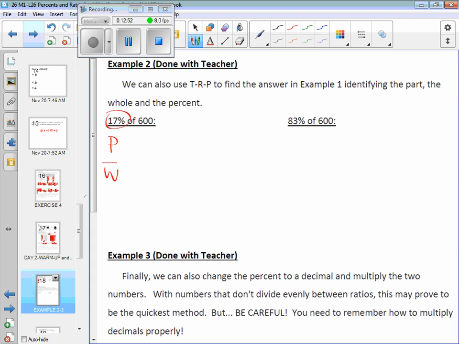Okay, let's put that in. Now comes the most important question: 600, is that the part or the whole? It is the whole. You're trying to find the part. That's what percent of a number is.